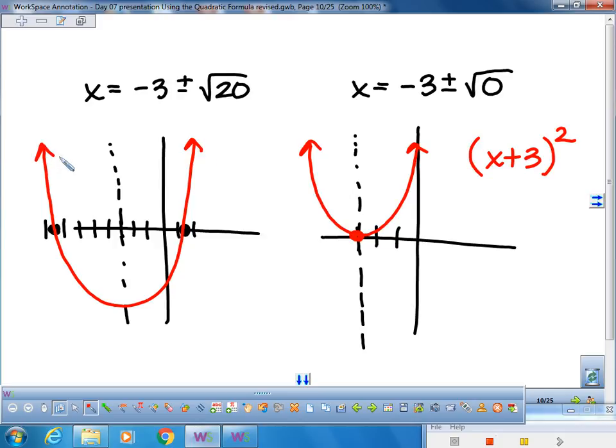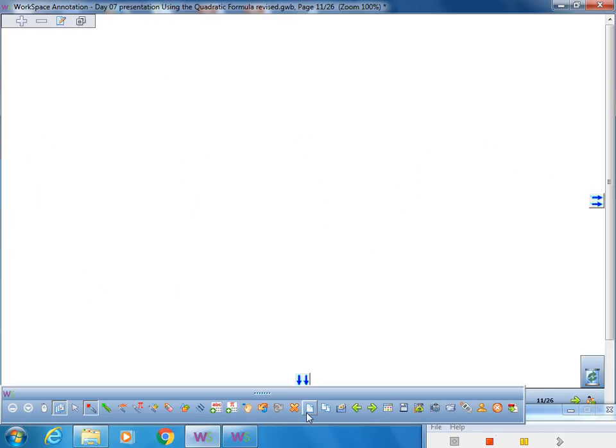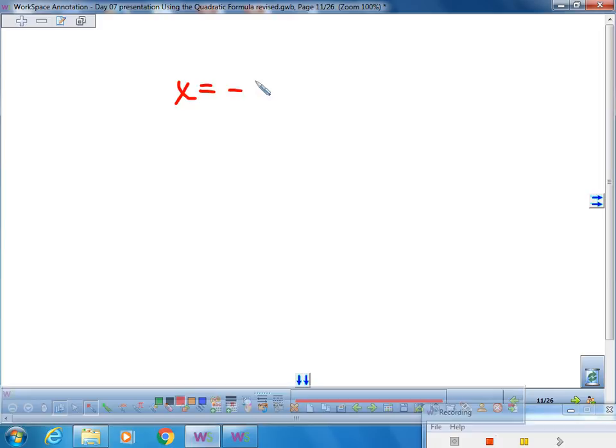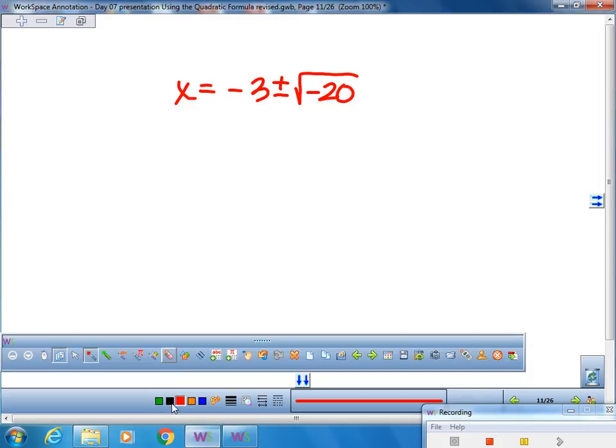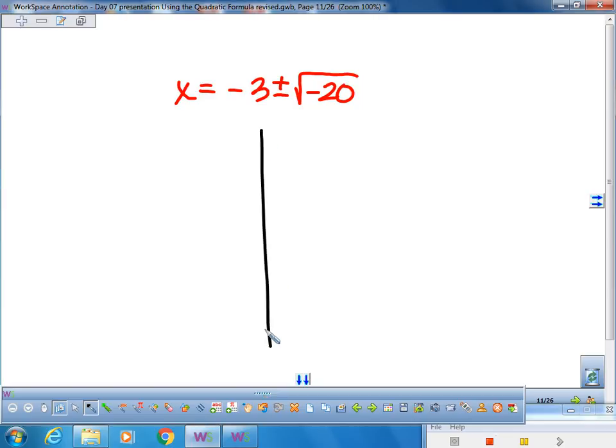We have one more scenario that we're going to talk about today. When I have a negative sign underneath there, it means I still have an axis of symmetry. My axis of symmetry is still at negative 3.